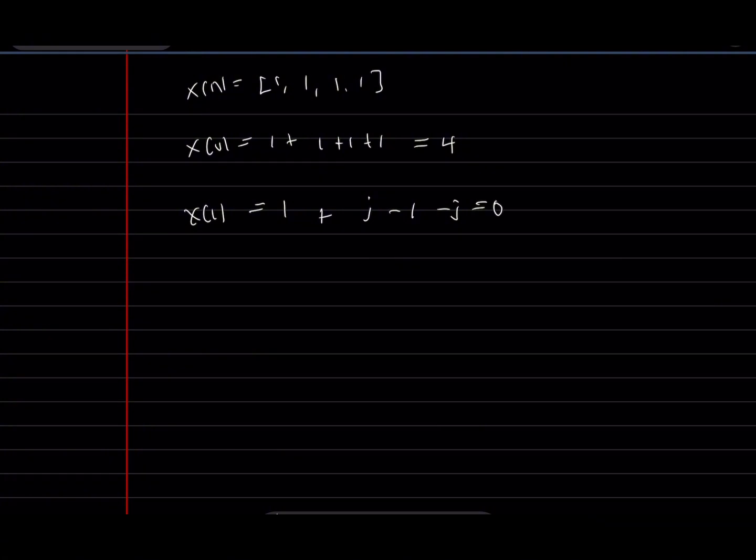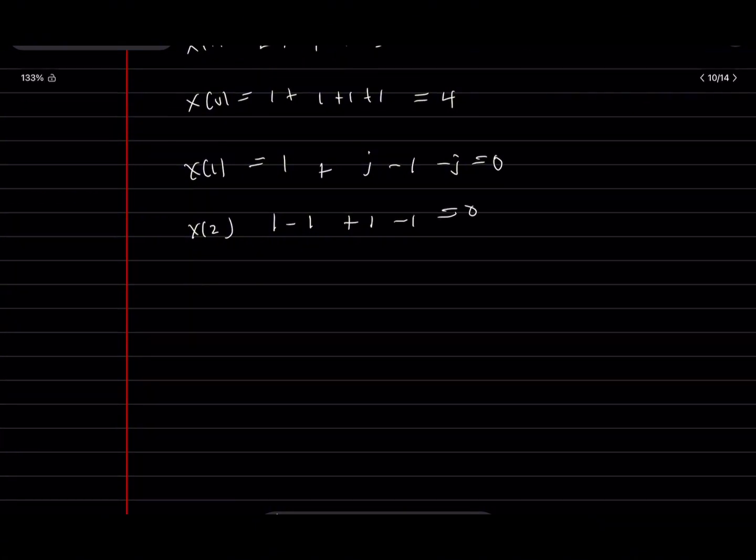The same thing applies to x of 2. And x of 2, the first element is also going to be 1, minus the second element is going to be negative 1, and then plus the third element is going to be 1, and then the next is negative 1. Then we are going to get 0. And then the last one, it's x of 3.